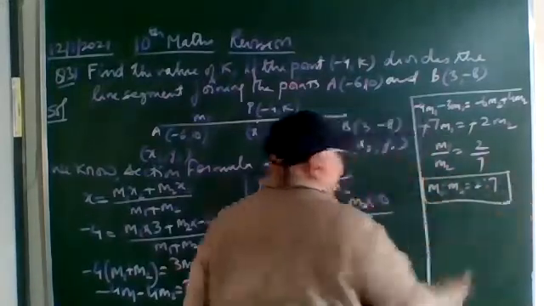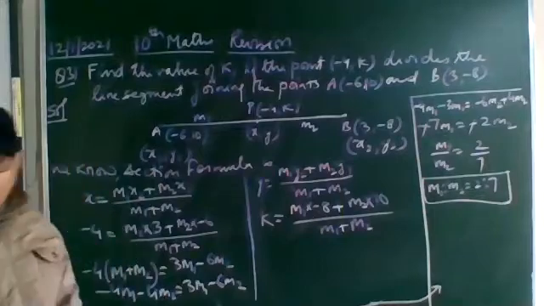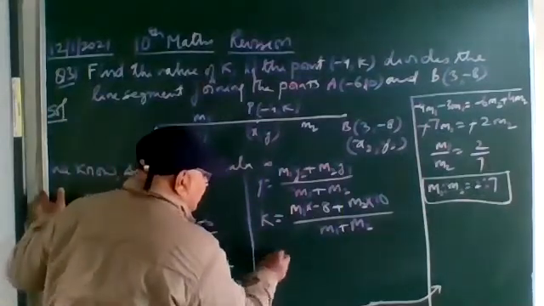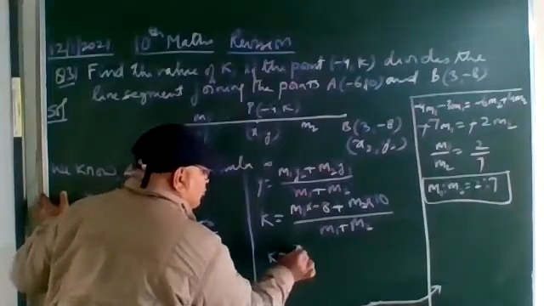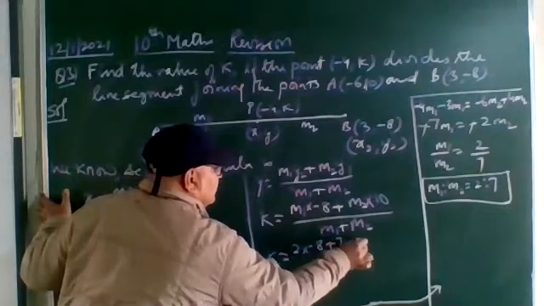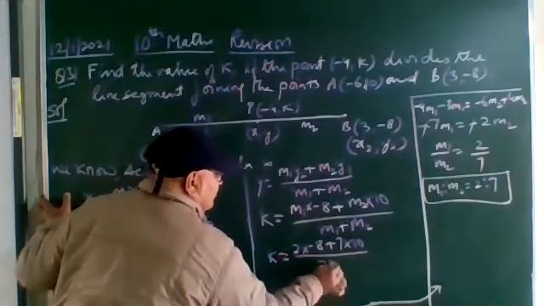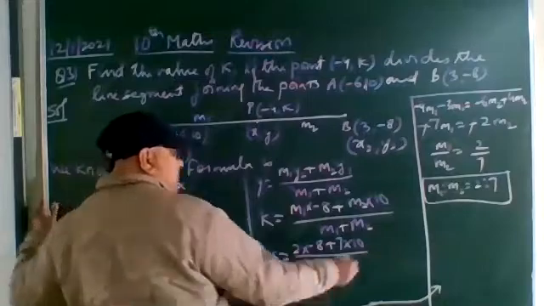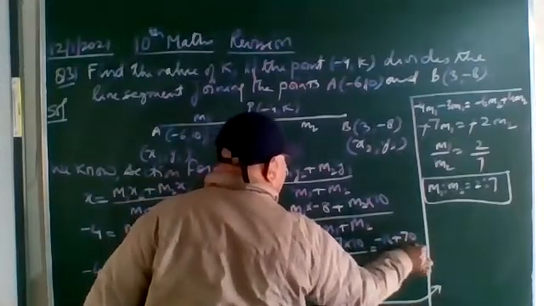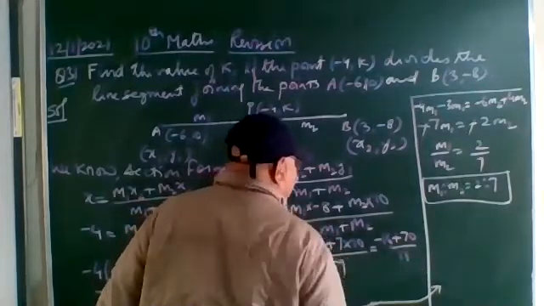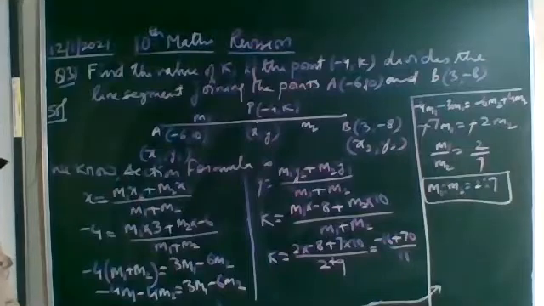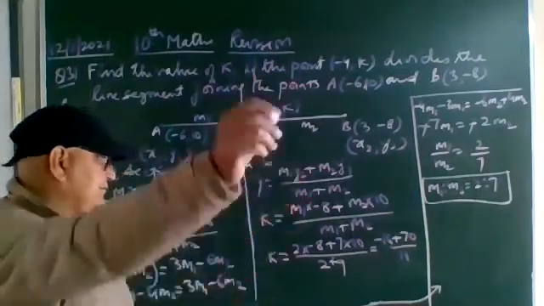So first of all, you have to find the value of m1 is to m2. After finding this, now place it to find k. So here k is (2 into minus 8 plus 7 into 10) upon (2 plus 7).